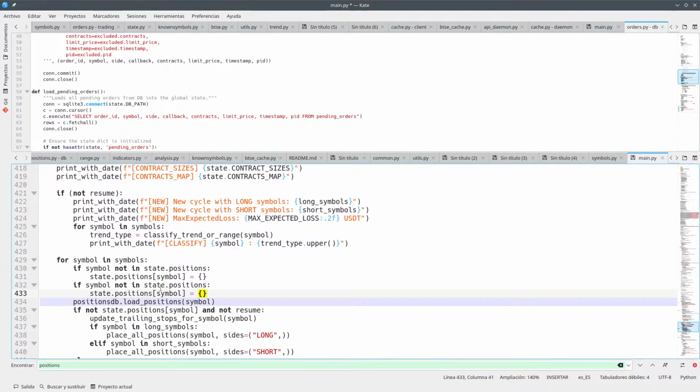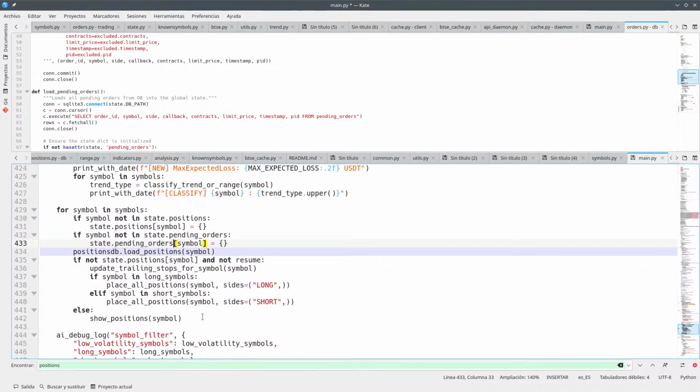So if symbol not in state pending orders, then state pending orders symbol is empty. That makes sense. And then here we'll do a load positions of whatever, which I guess reads stuff and puts it. So load positions.